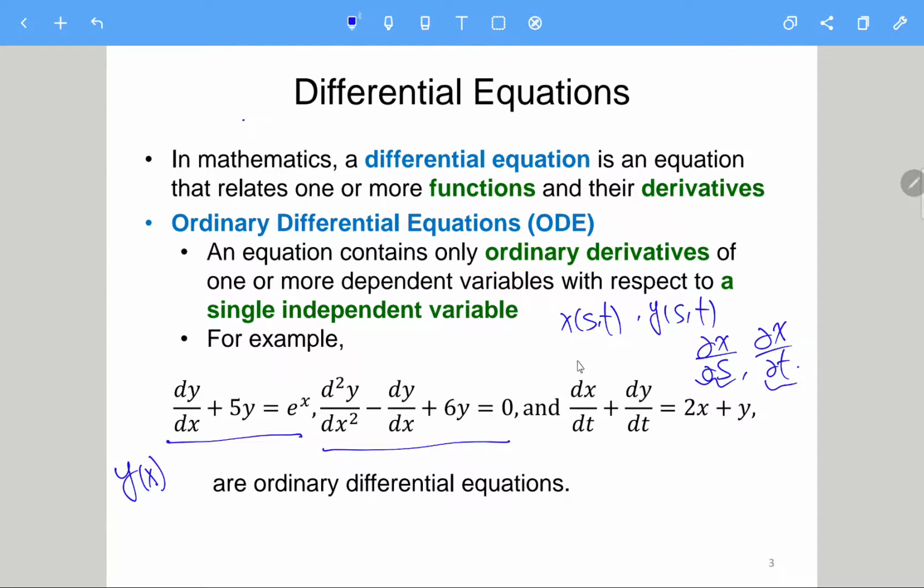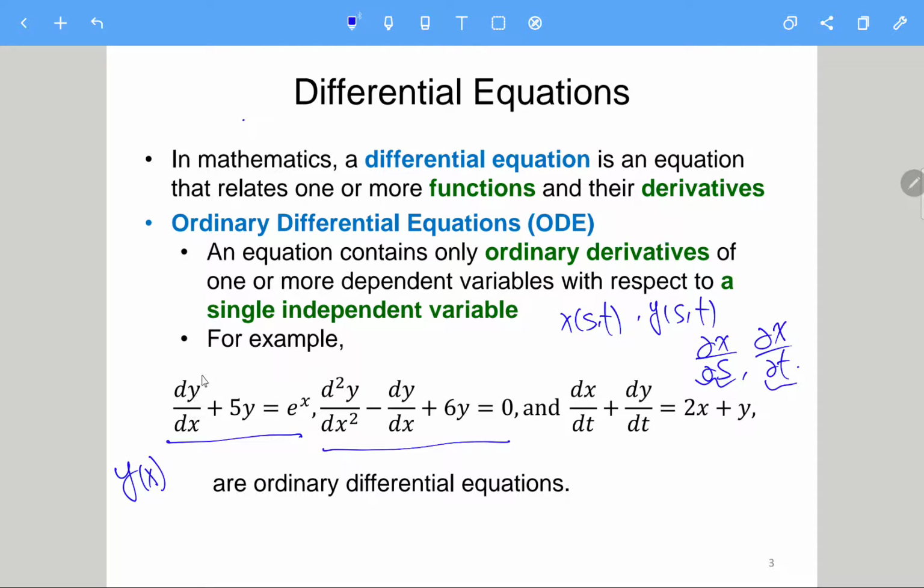And then this equation contains the derivative of the function and also the function itself, and maybe also the independent variable. So an equation contains only ordinary derivatives of one or more dependent variables with respect to a single independent variable.